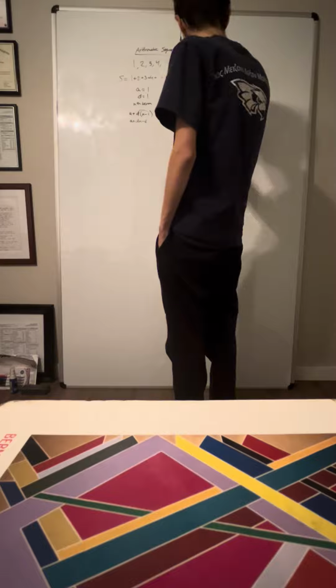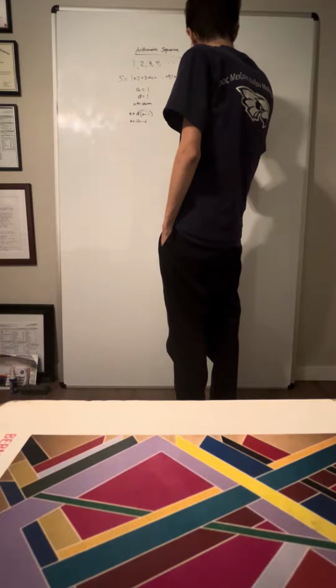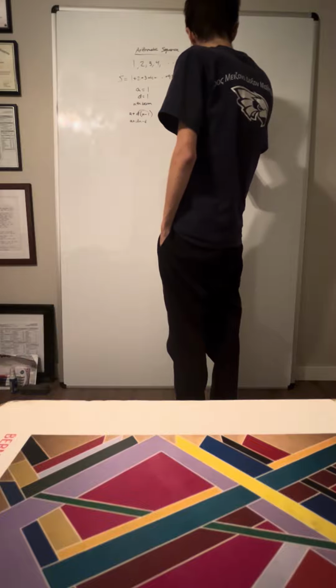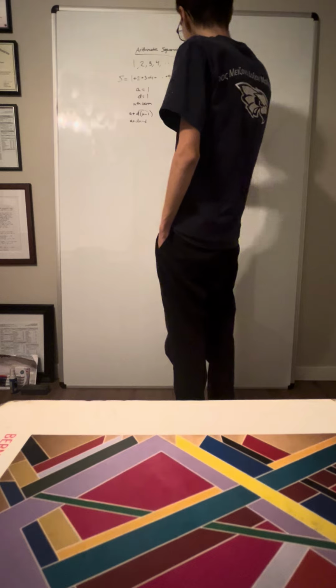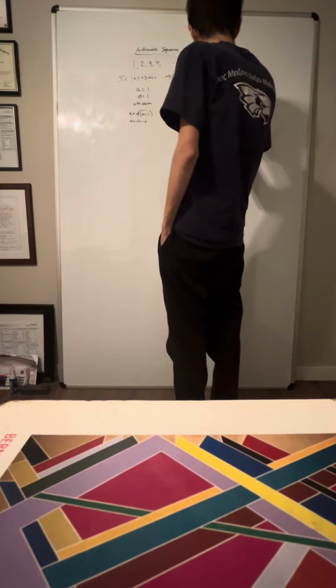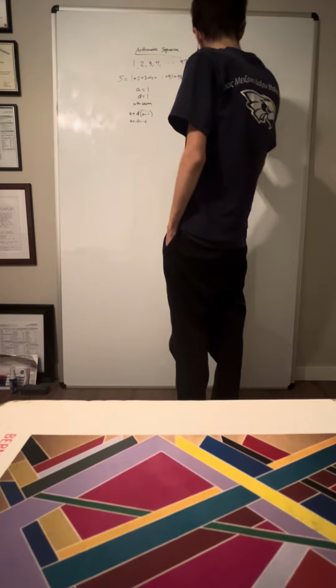So s sub 100 equals the summation from x equals 1 to 100 of our first term, 1, plus our difference, 1, times x, minus the difference of 1.